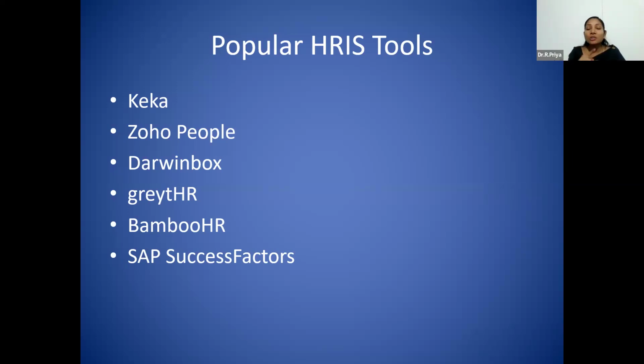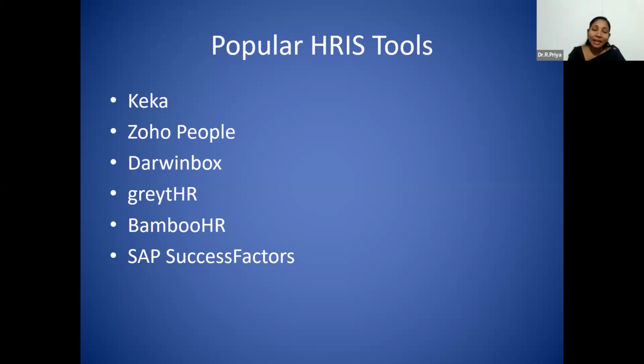Once again, to recap these HRIS tools: Keka, Zoho People, Darwinbox, Greytip HR are useful for startups as well as small and medium enterprises. But Darwinbox, Bamboo HR, SAP SuccessFactors are useful for large scale enterprises.